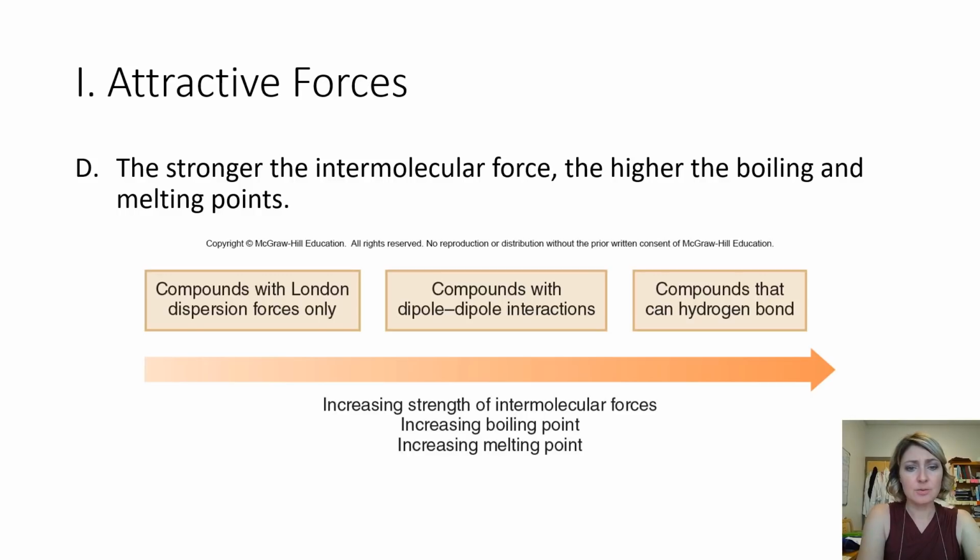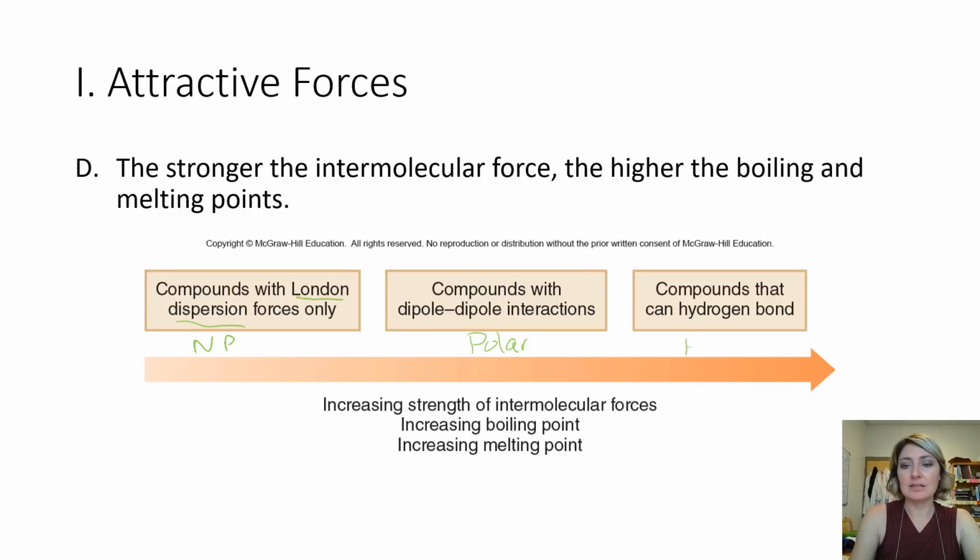All right, so the way this works is you start with your London dispersion forces. So these are your non-polar molecules, and these are going to be very weak temporary dipoles. And then your dipole-dipole interactions are with polar molecules, so you have a permanent dipole where you have that slight negative or slight positive.